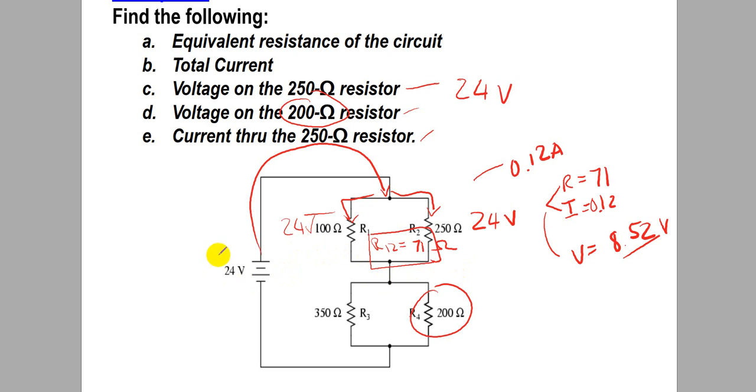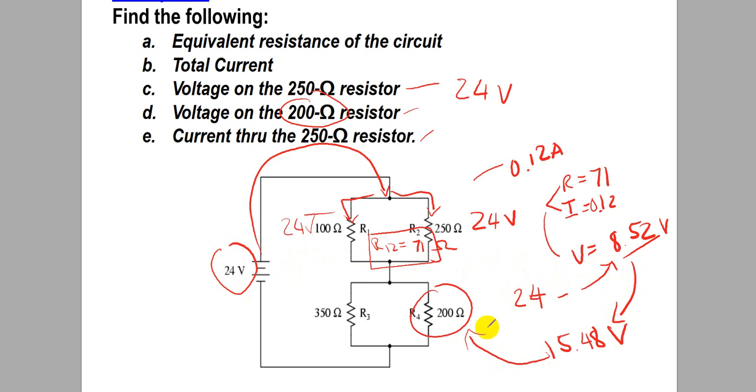To find how much is left, you take 24 and subtract this number, and that is our voltage drop for this one. If you want to check, you would do 8.52 plus 15.48. You should get the total voltage back to be 24 volts, and that is how you check voltage drop in series.